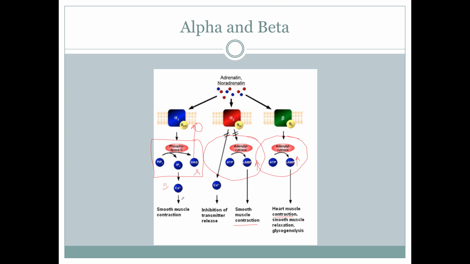Hooray, it's the star. It's going to go down and open up these calcium ligand-gated channels on the sarcoplasmic reticulum, which houses stored calcium. So calcium binds to let calcium out. There's lots of calcium.